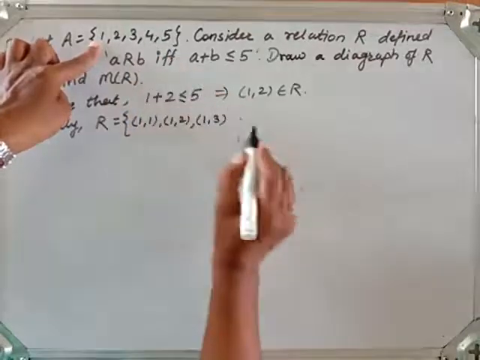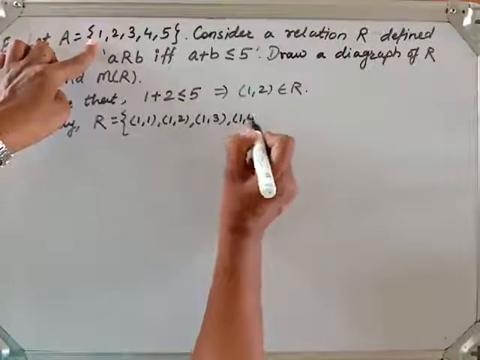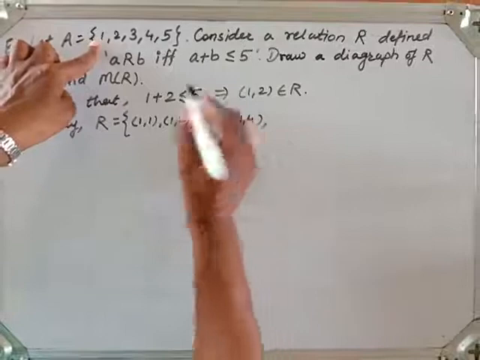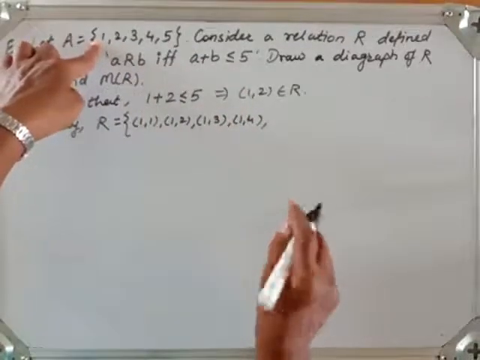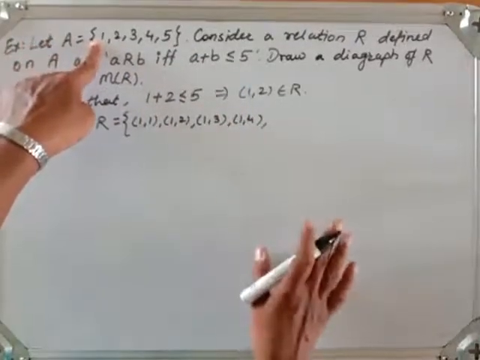Now (1, 4) is 5, so it is also there. Now (1, 5) is 6, so it is not there.